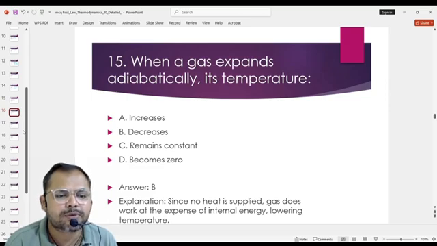Since no heat is supplied in an adiabatic process, the gas does work at the expense of internal energy, lowering the temperature.